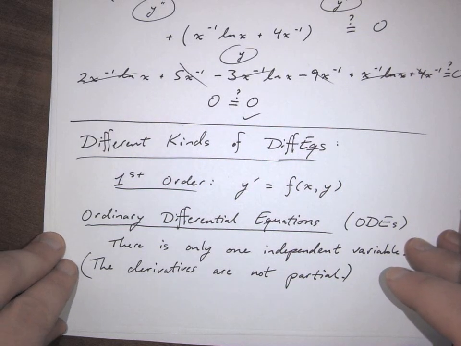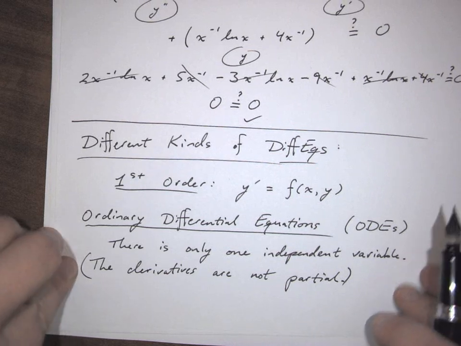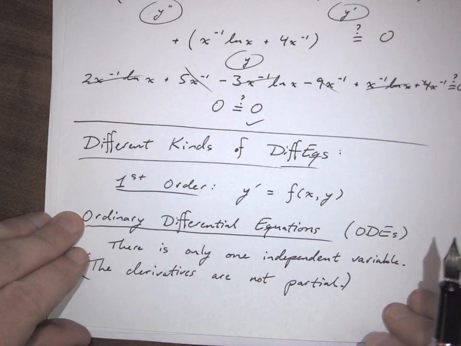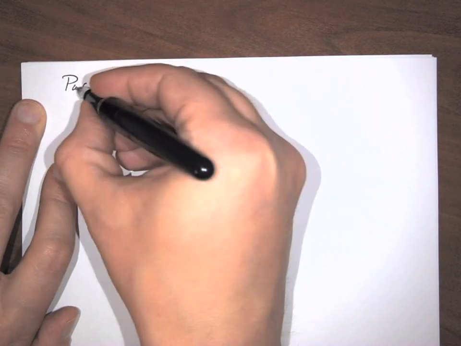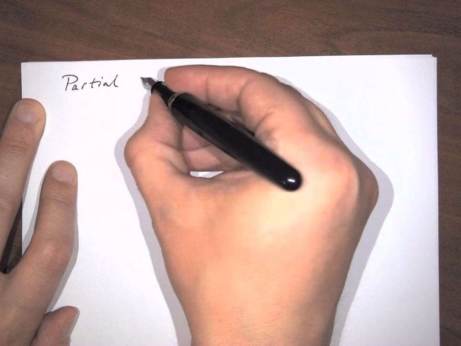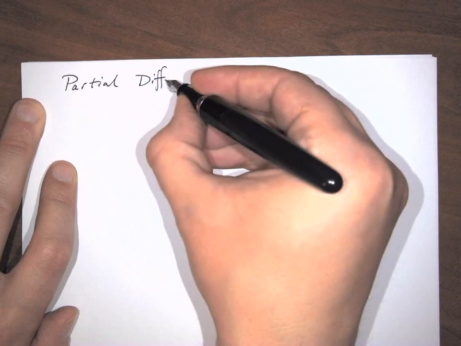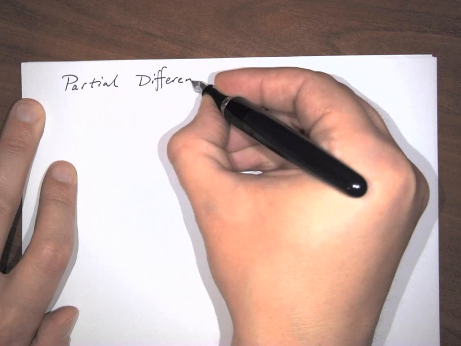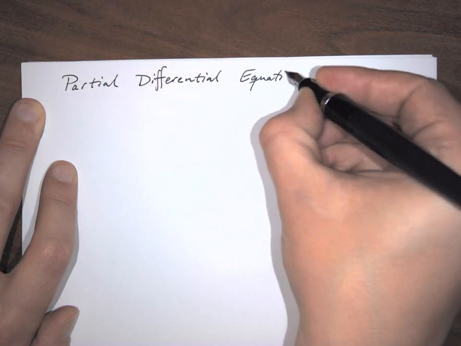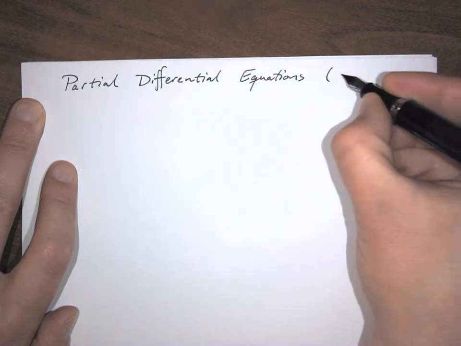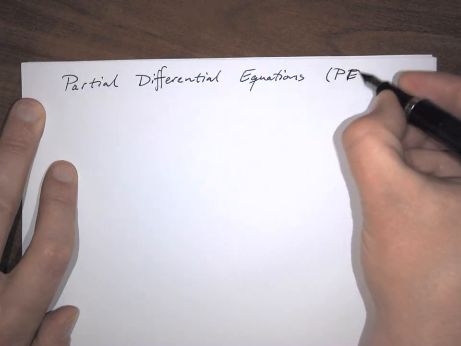So that's the important thing about that. Now, that's what this class is going to be dealing with. However, in more advanced classes, such as you might see later on in your education, you can also explore what are called partial differential equations, or PDEs.